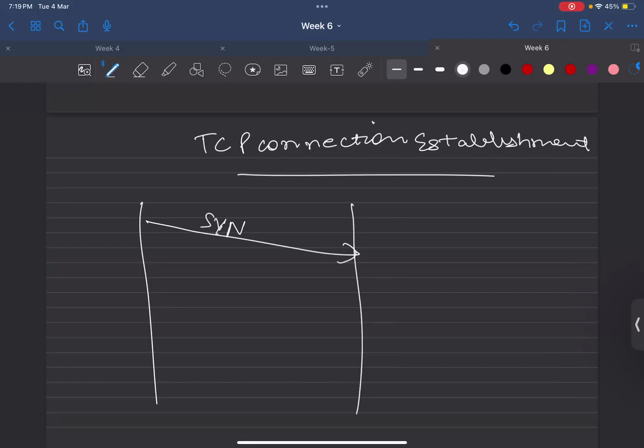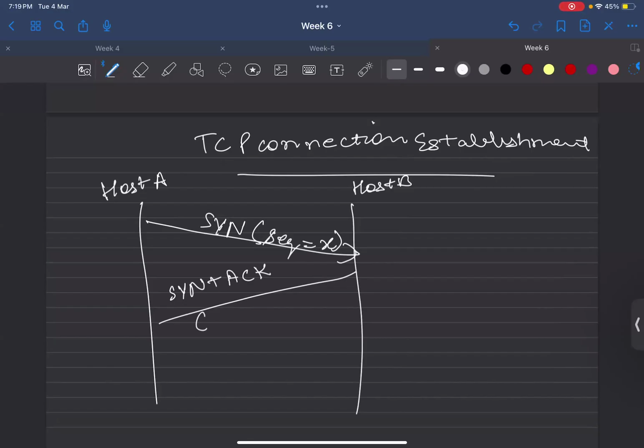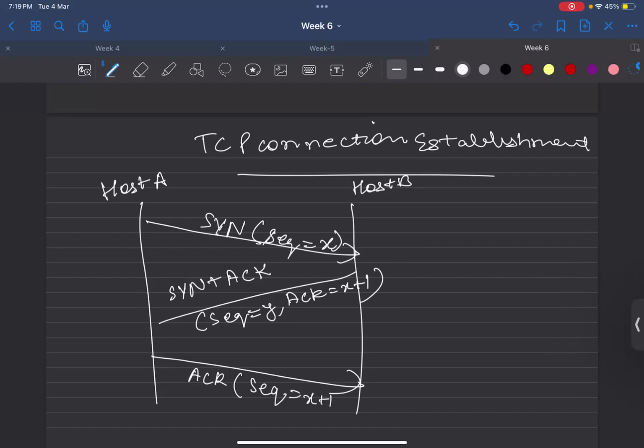Connection establishment: you know the three-way handshake. Here the synchronization message is sent. Can you tell me what I have written? The three-way handshake. Can someone explain it?